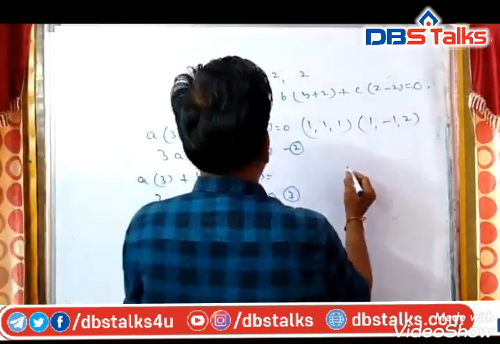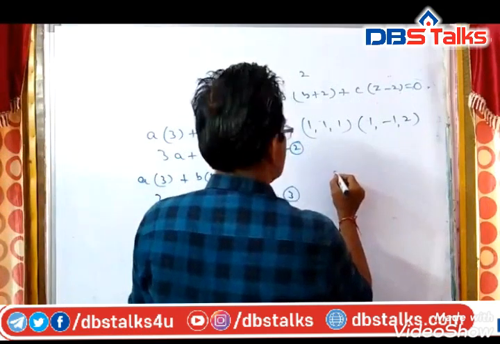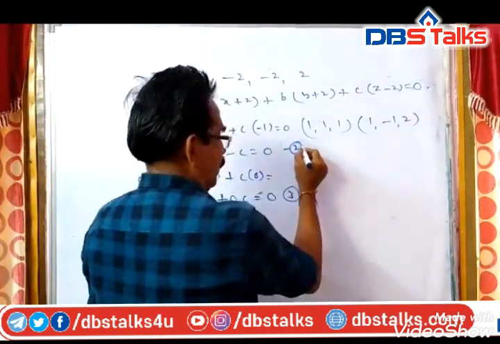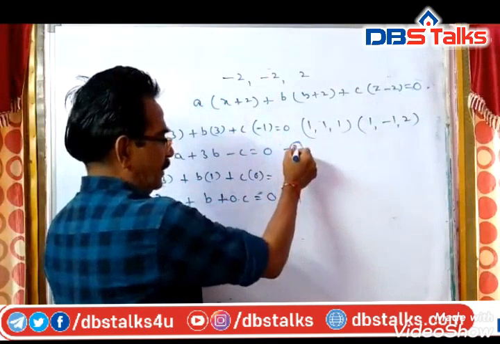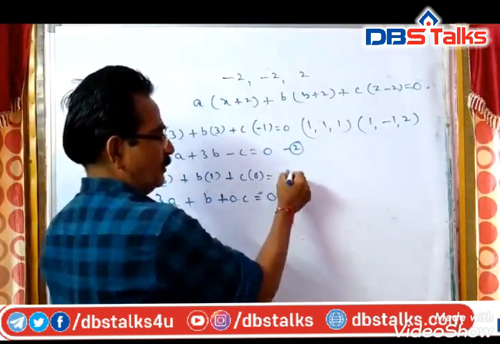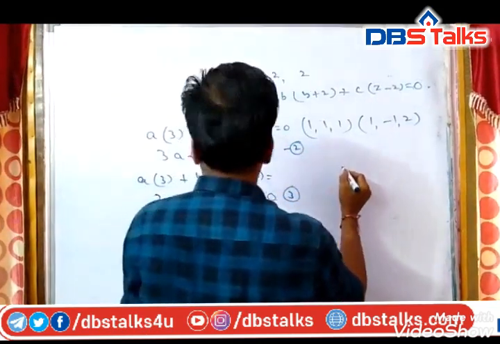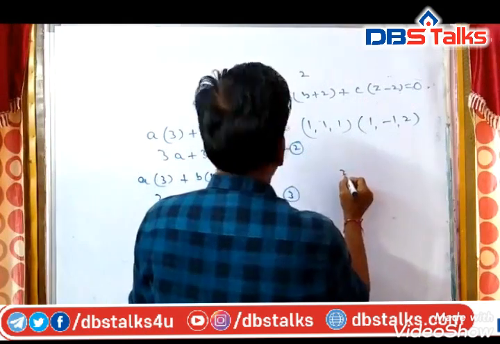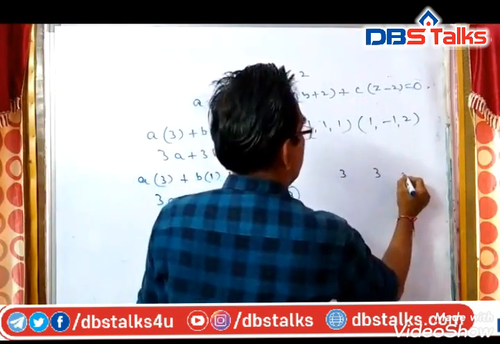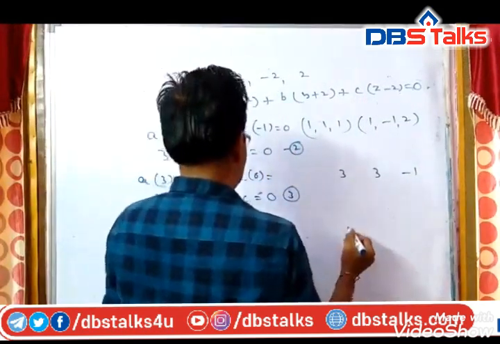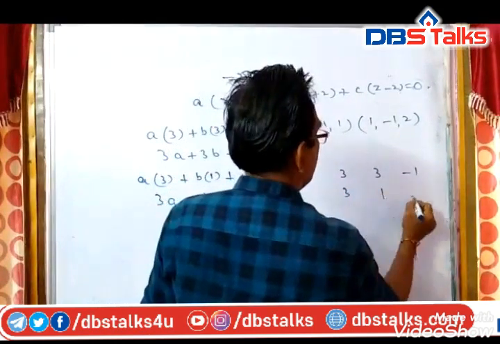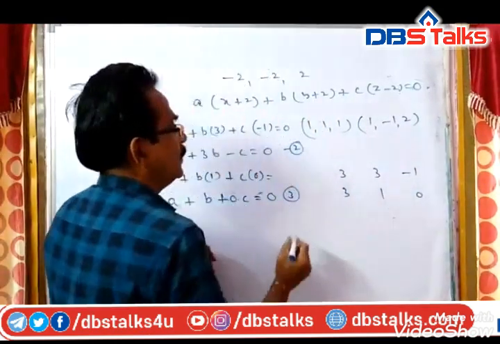Okay friends, here I am solving equations 2 and 3 by the cross multiplication method. The coefficients are 3, 3, -1 and 3, 1, 0.